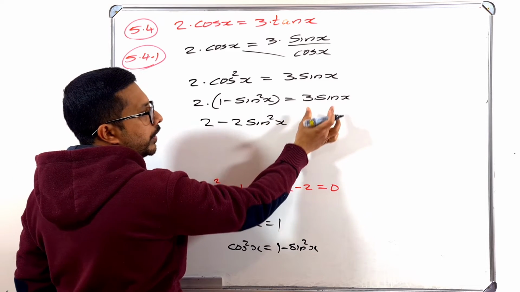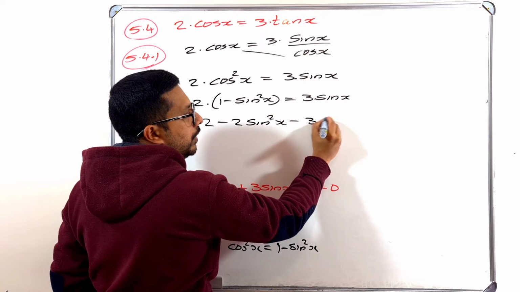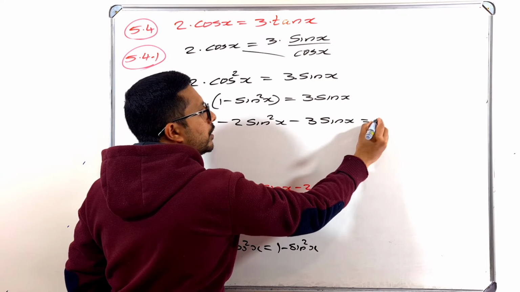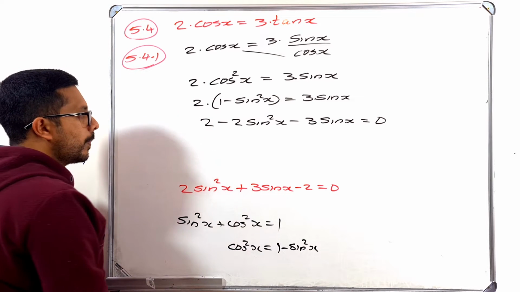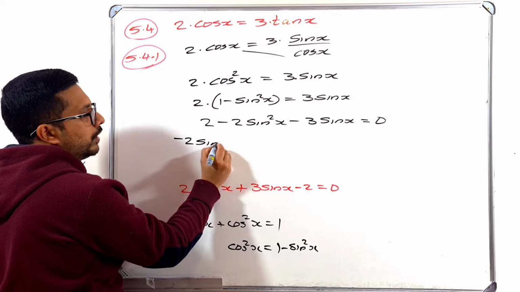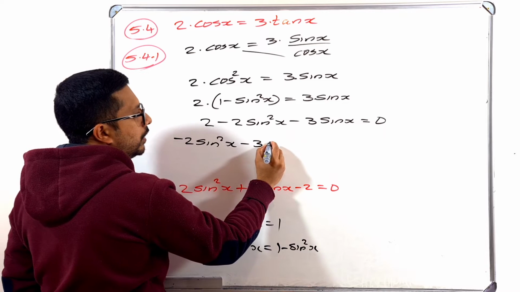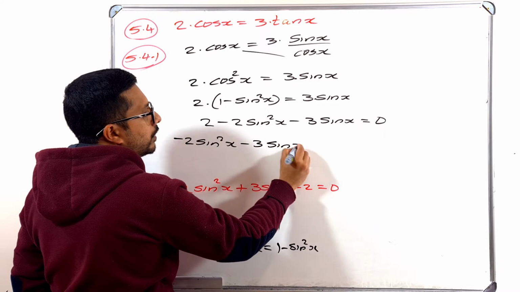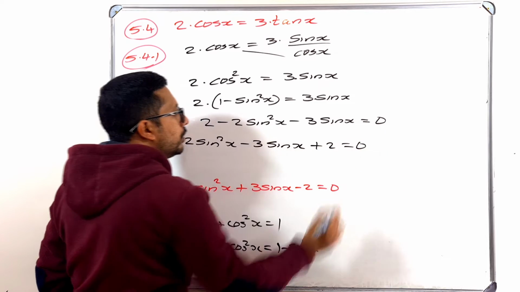Yeah, we are almost there. Take this one to this side, left side, so it is minus 3 sine x is equal to 0. Now just write it in order. So this one is minus 2 sine square x, then minus 3 sine x, then this constant term plus 2 is equal to 0.